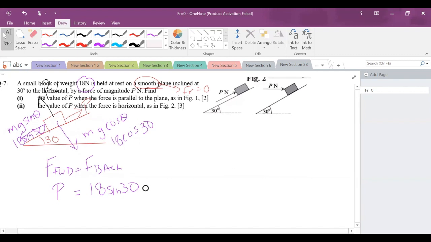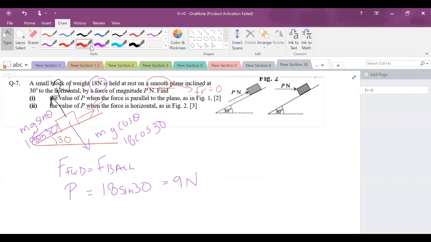So 9 Newton is the answer for part 1. Any questions here? No, ma'am.